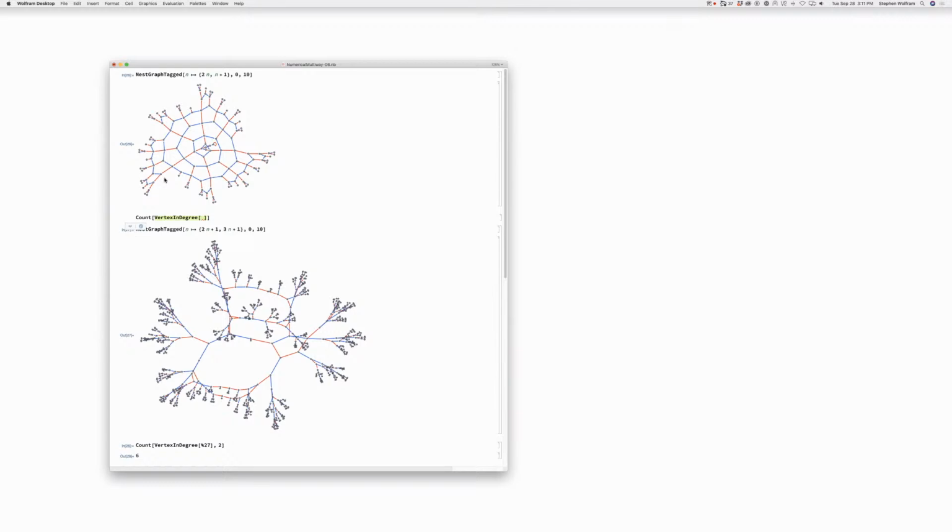Because out can only be red or blue, in can only be red or blue. And you can't have 2 blue edges coming in from the same number, because basically there's only one way of getting n plus 1. But that's specific to this particular rule.